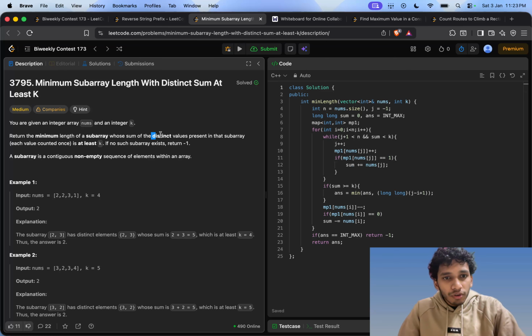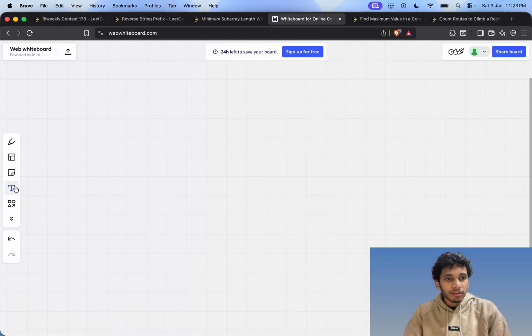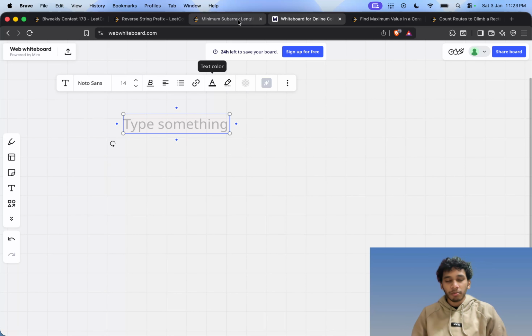Okay. So this distinct keyword is the variation of the problem that we are being demanded upon. The original problem just says that we need to return the minimum length of subarray which has sum at least k. So let's understand the beginner problem, which is the original problem.